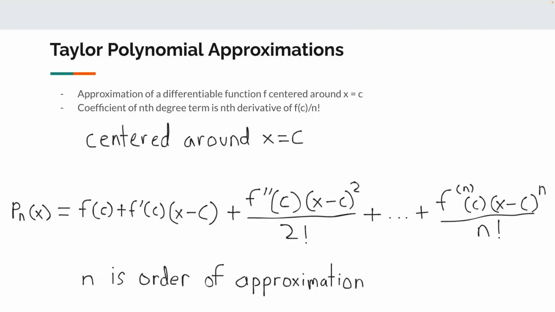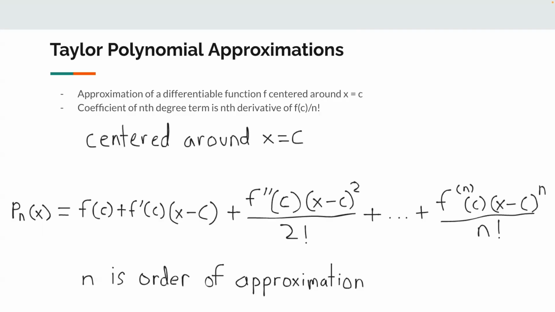That approximation will be f of c plus f prime of c times x minus c, plus f double prime of c times x minus c squared over 2 factorial, all the way up to the nth derivative of f at c times x minus c to the power of n over n factorial, and n is the order of approximation.